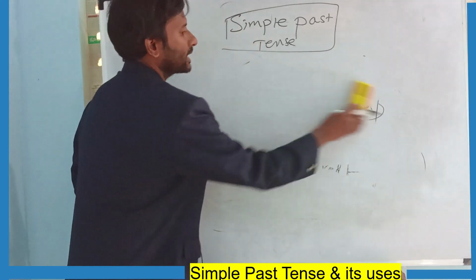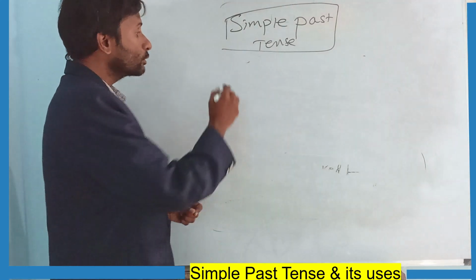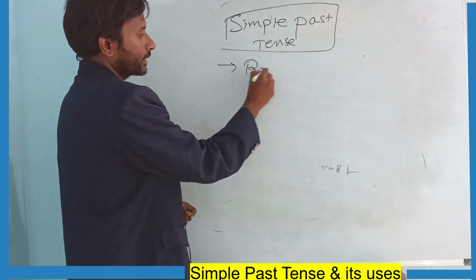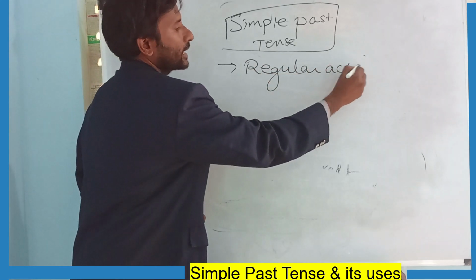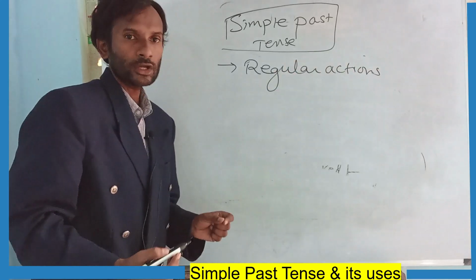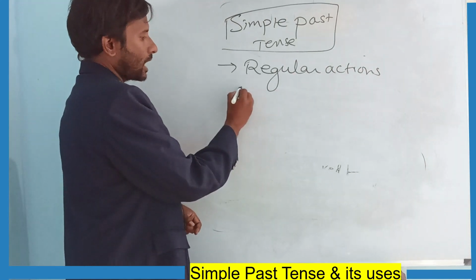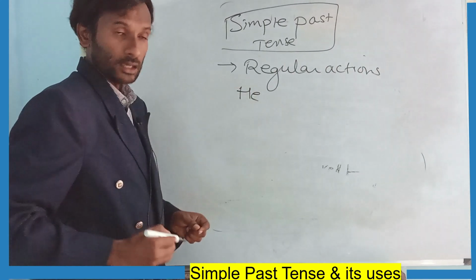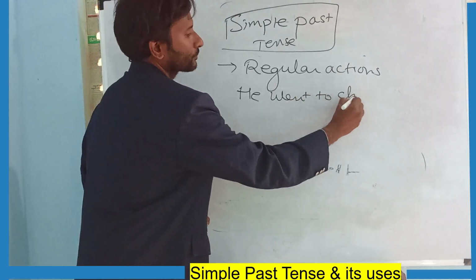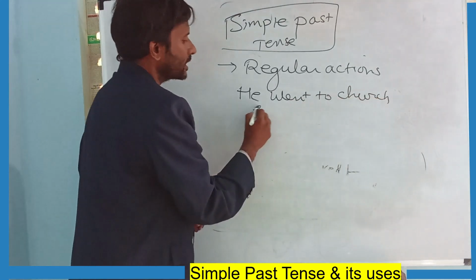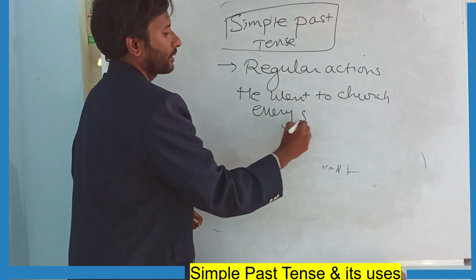We use simple past tense also for regular actions. Regular actions of past. What are regular actions? He went to church every Sunday.